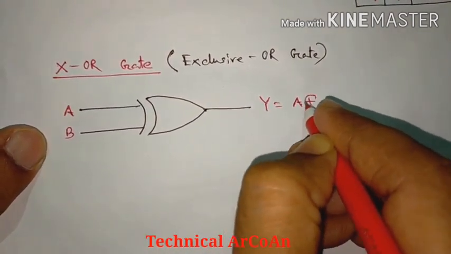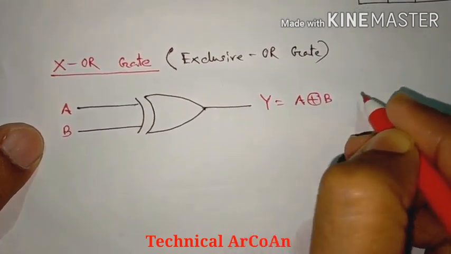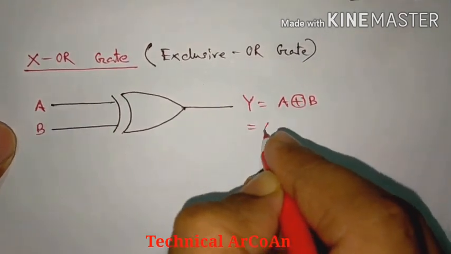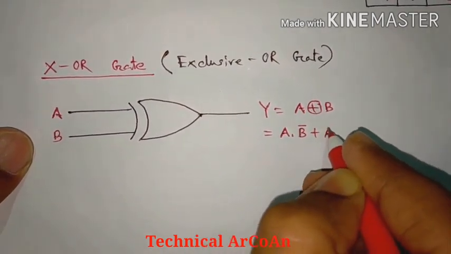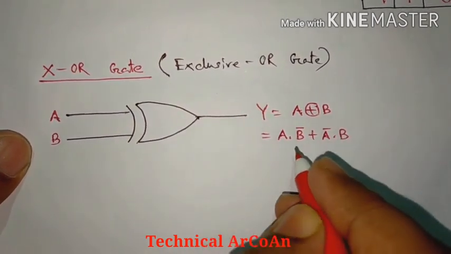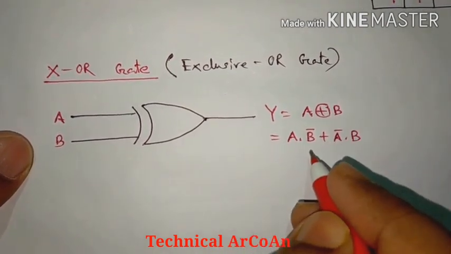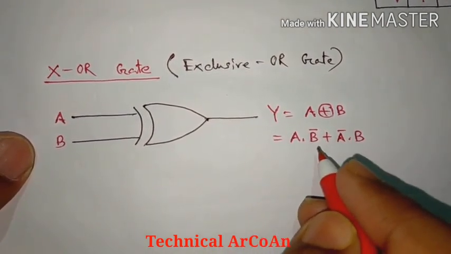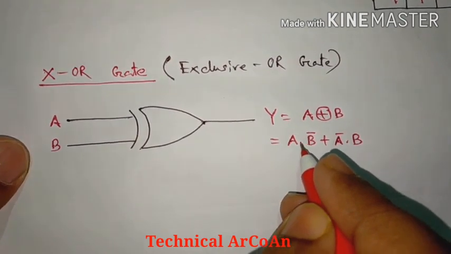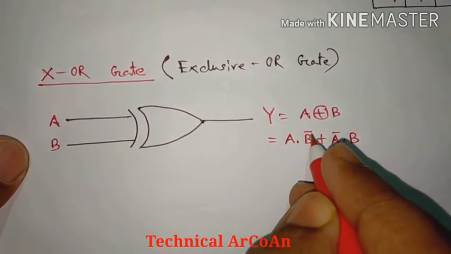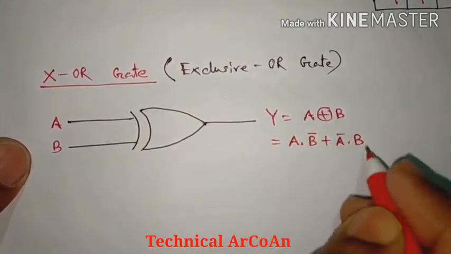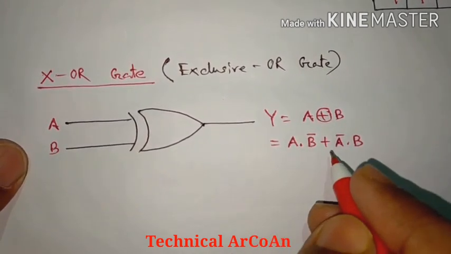Now this is the symbol for XOR operation, and what it actually does is A dot B complement plus A complement dot B. In this expression we are using three Boolean operations. One is dot, meaning multiplication, one is plus, meaning addition, and also the complement. This expression is a combination of three operations of Boolean algebra.